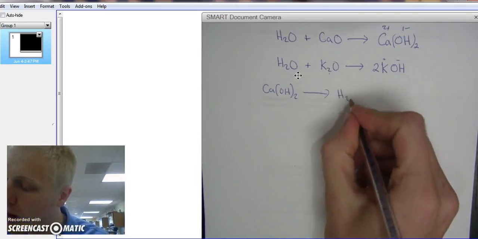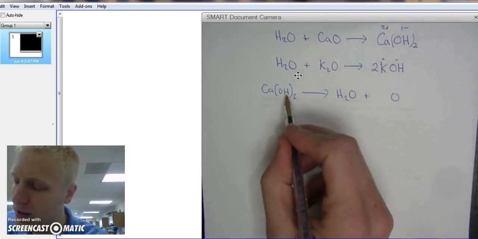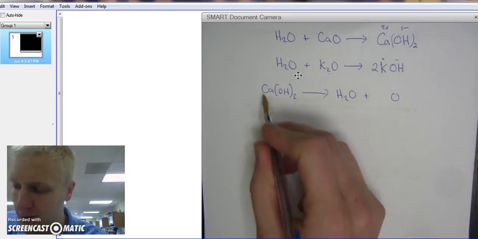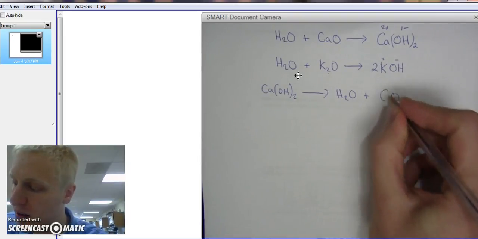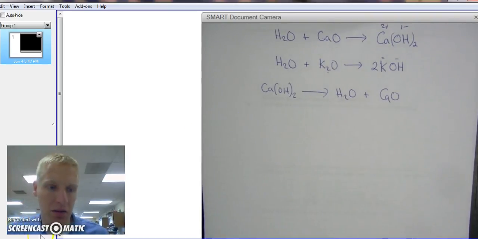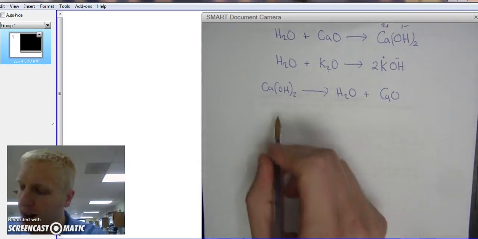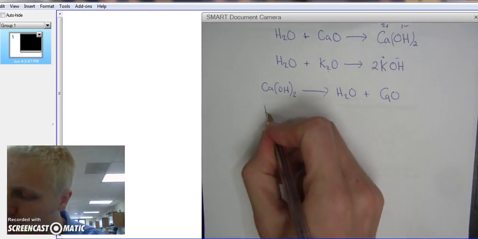We're going to have water as a product and some sort of oxide. So here's O and H. The other element that would be bonded to this oxygen is calcium. So it would be CaO. Alright, and it's balanced.